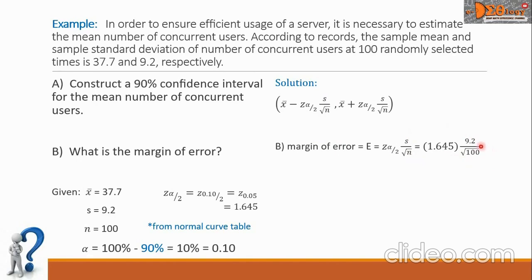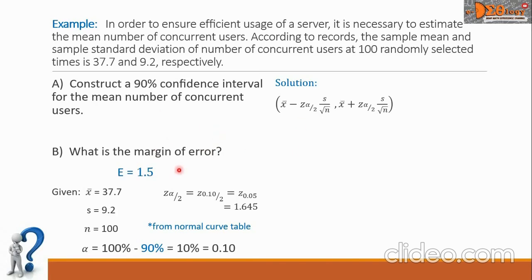We can simplify the square root of 100 into 10. Using our calculator, the margin of error is equal to 1.5. So this answer we can write under problem B. Here we go. And then, let us now solve for problem A.